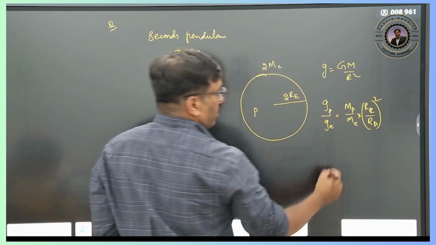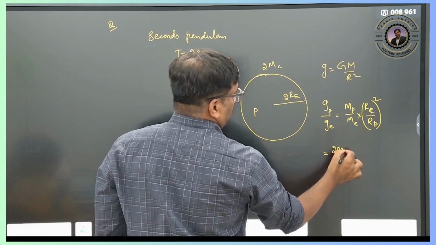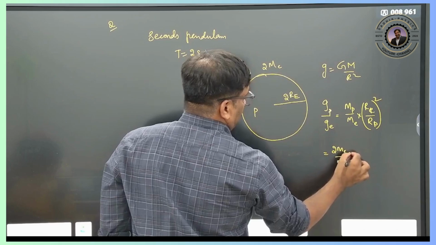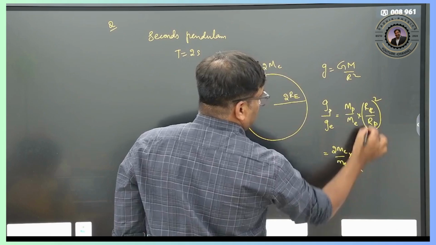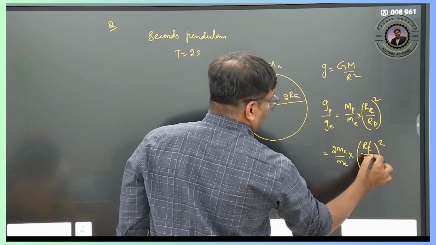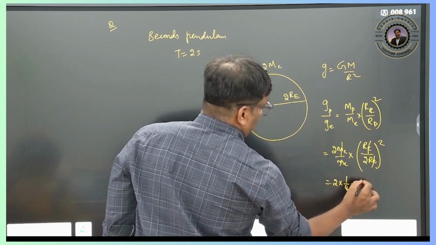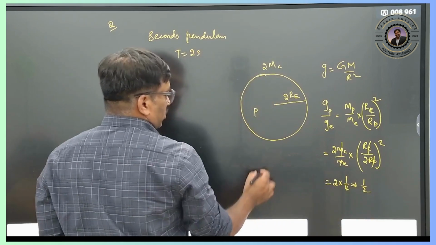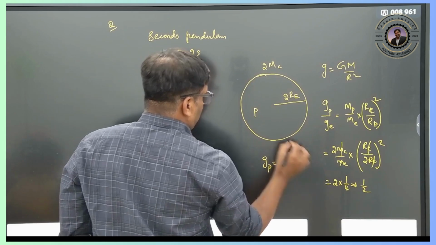The mass of the planet is 2 times the mass of the earth, and the radius of the planet is 2 times Re, whole square. So we get 2 into 1 by 4, which is 1 by 2. So g on the planet is equal to g on the earth by 2.